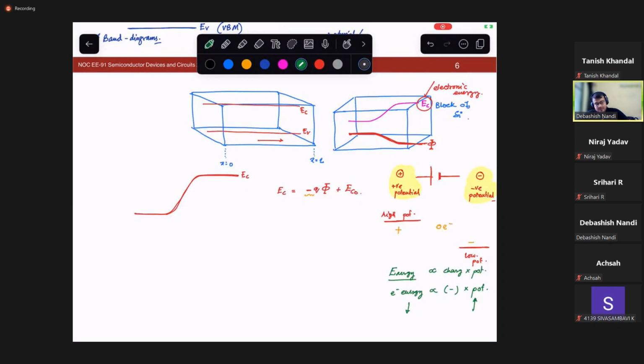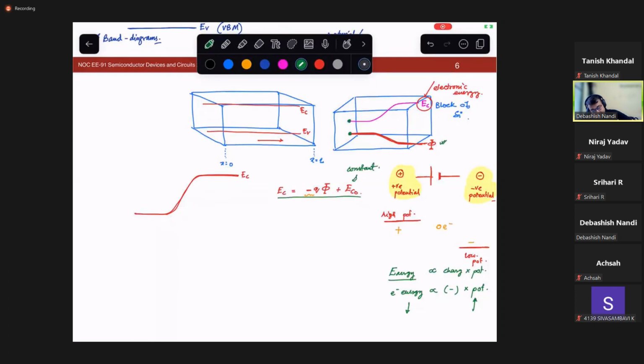Fine. So if potential is high at this point, here my electronic energy will be lowest. EC gives my electronic energy in the conduction band.